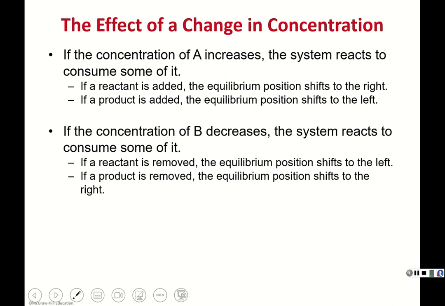Okay, so if you add a compound to this system at equilibrium, that will push the arrow in the opposite direction, the other side, and vice versa. If you consume or remove some of the compound, it's going to shift the arrow to the same side that compound's on.